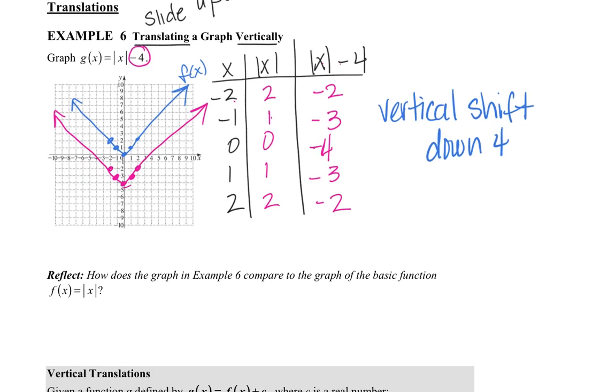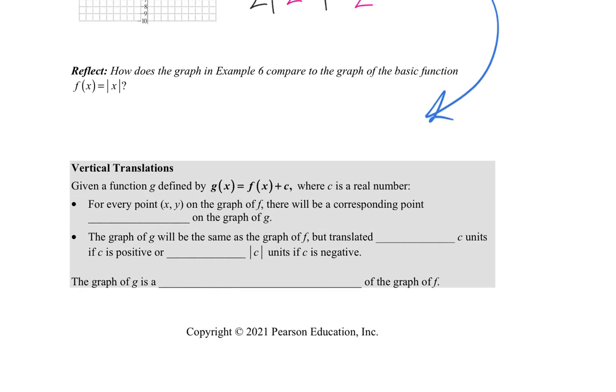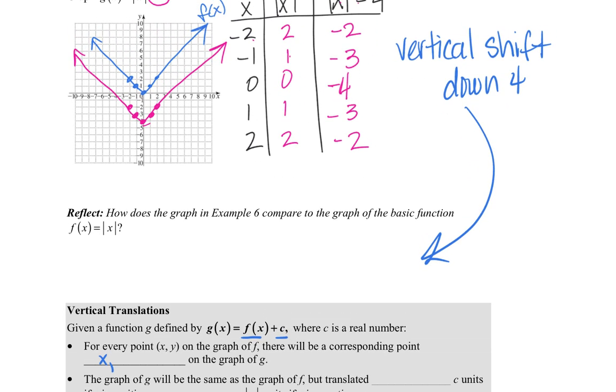All right, so how does the graph in example 6 compare to the basic? It's a vertical shift down 4. Now, vertical translations. So given your g of x, you take your original function and you add c, where c is a real number. So for every point on the graph, there will be a corresponding point. Your x value will stay the same, and since you're moving it down, notice our x value stayed the same, but we moved down 4 each time.